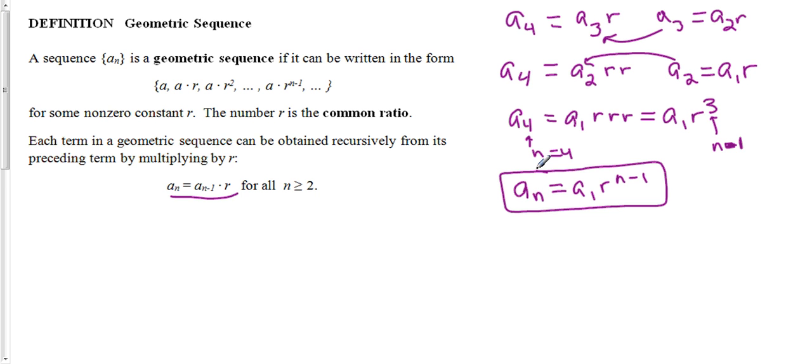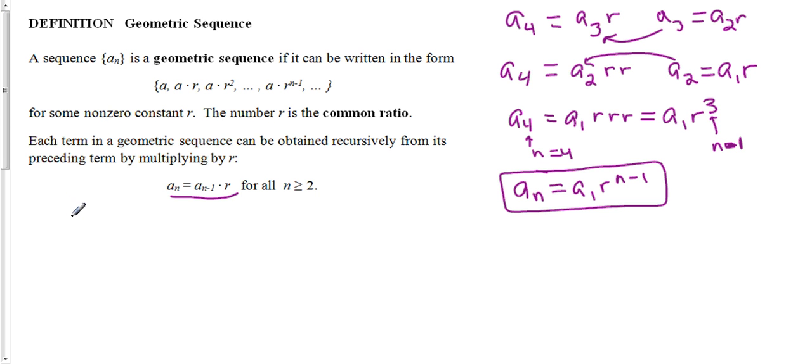As long as I know the first term, a_1, and the common ratio, I can find any term in that sequence without knowing all of the terms before it. I'd like to look at a couple of examples just to get us familiar with finding this explicit rule for a sequence.